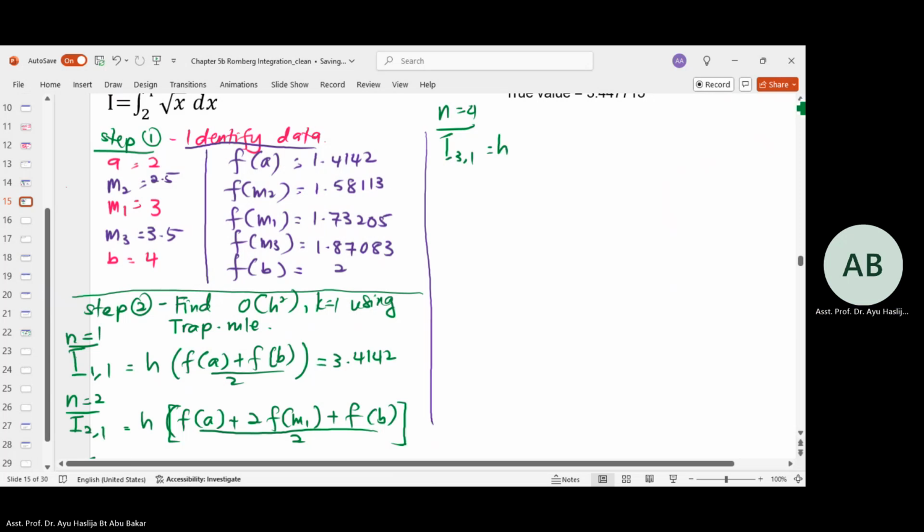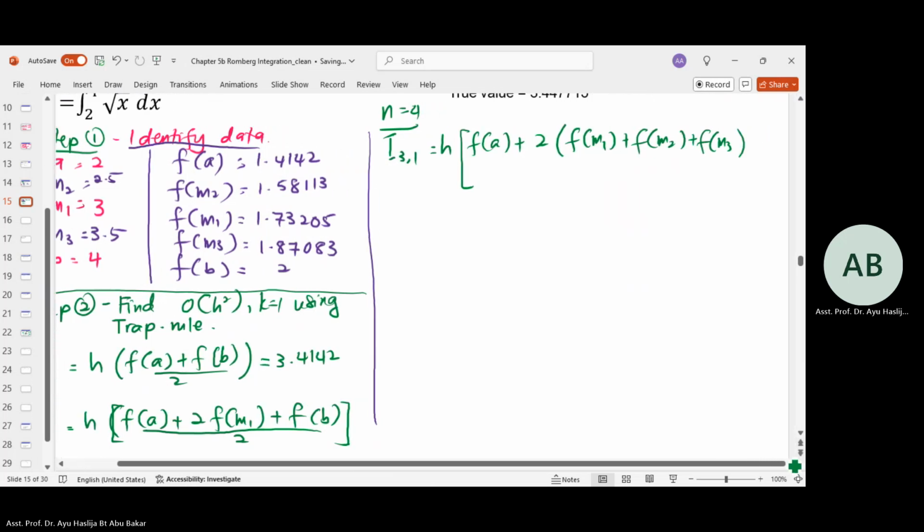H multiplied by FA plus the intermediate part, 2 multiplied by FM1, FM2, FM3, the intermediate part, plus FB, over 2. So that's why in the first step just now you identify the data first.